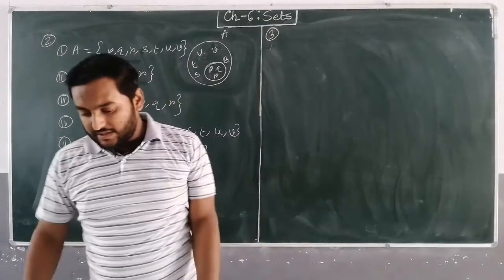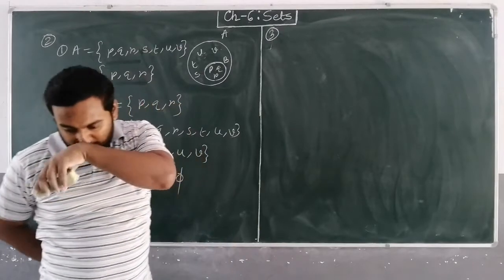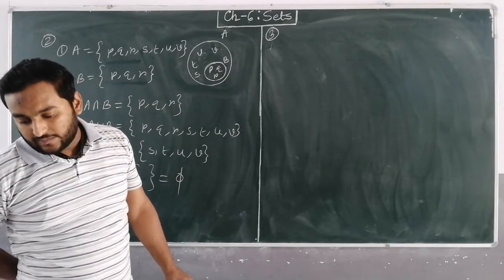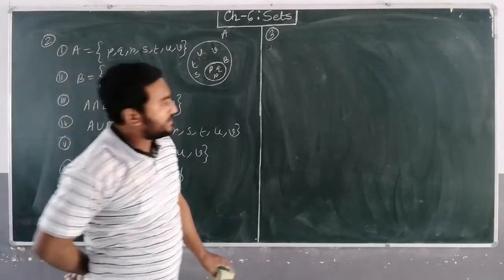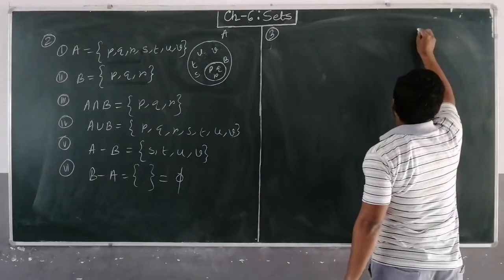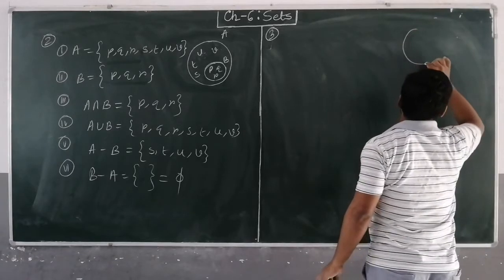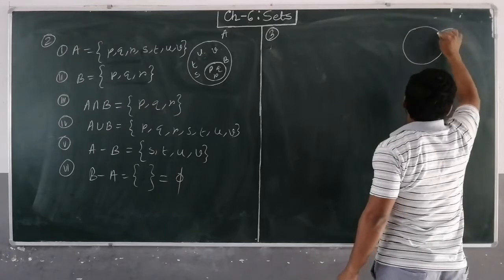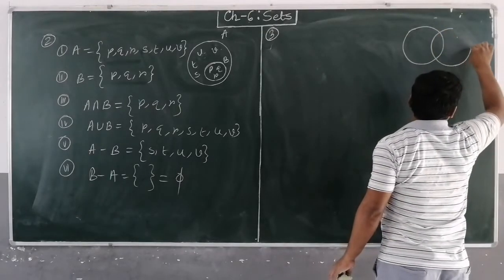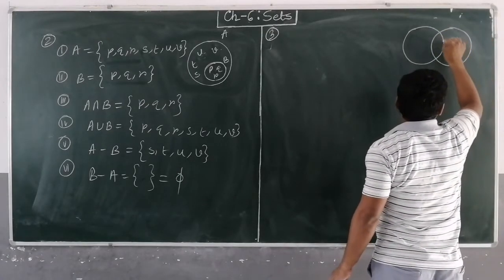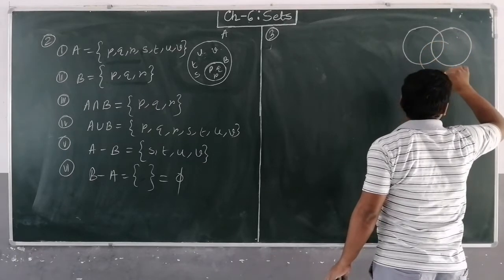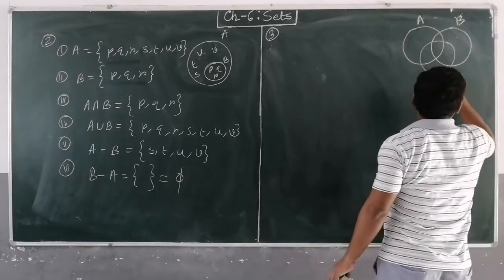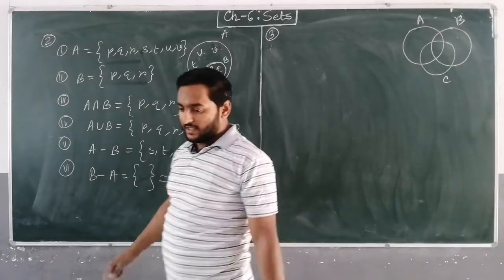In question number 3 it is given, for the given sets depicted in the Venn diagram, write the sets A, B, C. 3 sets are there and these are overlapping. A, B, C.